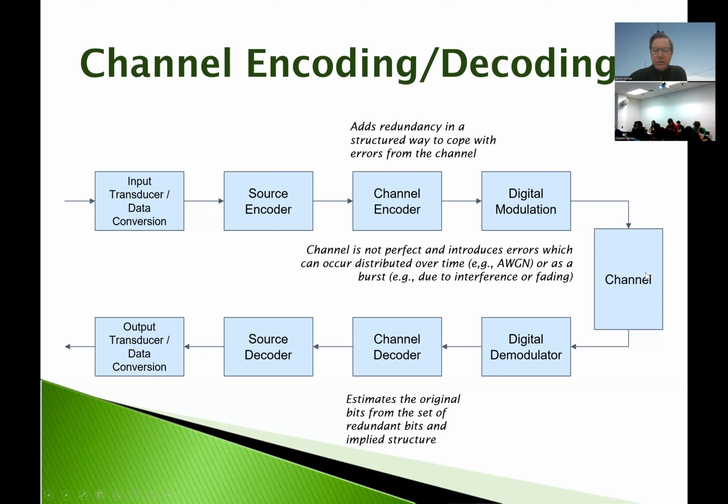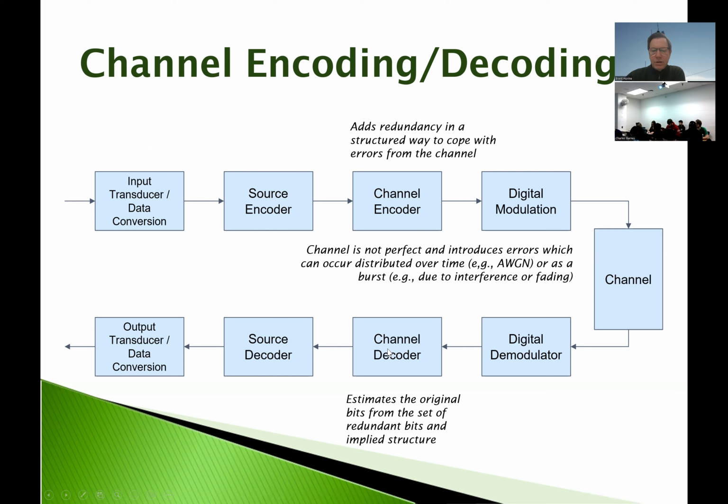It's not perfect and introduces errors, which can either be distributed over time, kind of randomly, as we note with additive white Gaussian noise, or it could be in a burst where you get a whole series of interference or fading or something like that, but you get a number of errors right in a row. And so we're using this channel encoder to kind of overcome that.